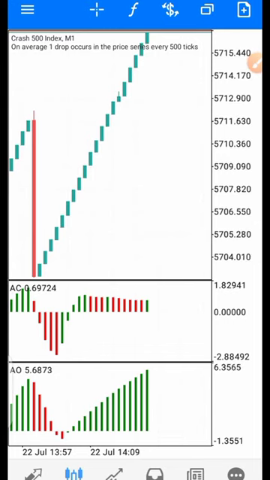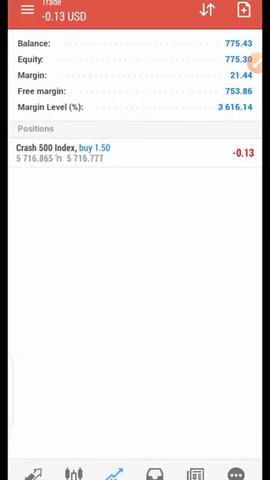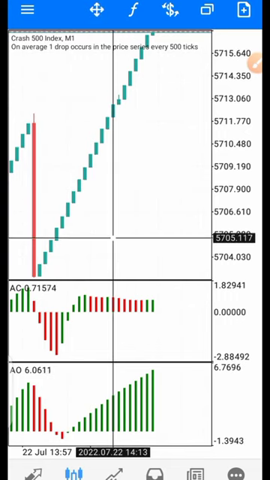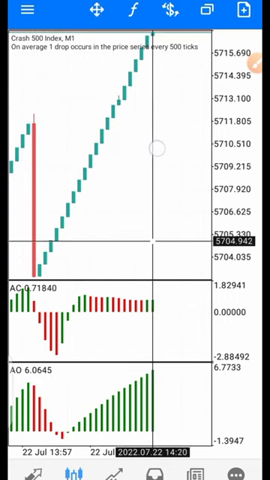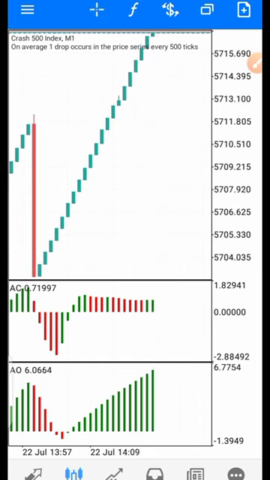We have a signal now. Let's just go for buy. I want the candle to close. So at the close of this candle, we are exiting the trade.